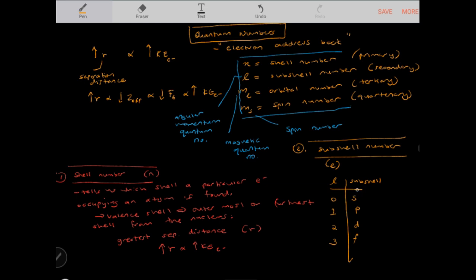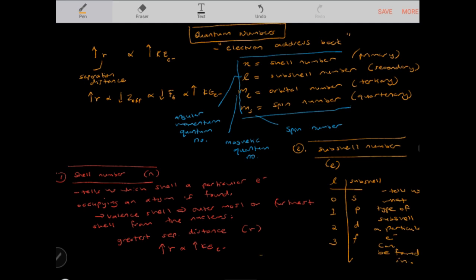Each of these subshells are composed of different orbitals, right? S subshells are made up of S orbitals, P subshells are made up of P orbitals, and so forth. Now, the subshell number tells us what type of subshell a particular electron can be found in, right?